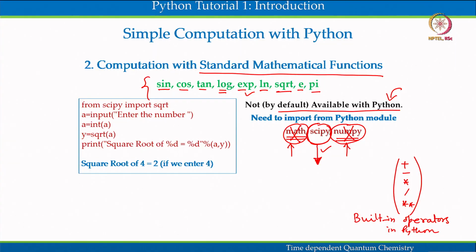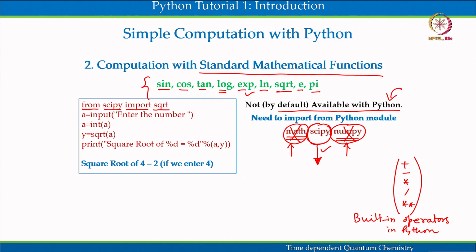So you can take a look at the syntax, functionalities, features, numerical recipes which are available with SciPy. So what is the construct to import some mathematical function from SciPy? This is the construct. From SciPy, it's a very simple construct. From SciPy, import sqrt, square root. This mathematical function you import.